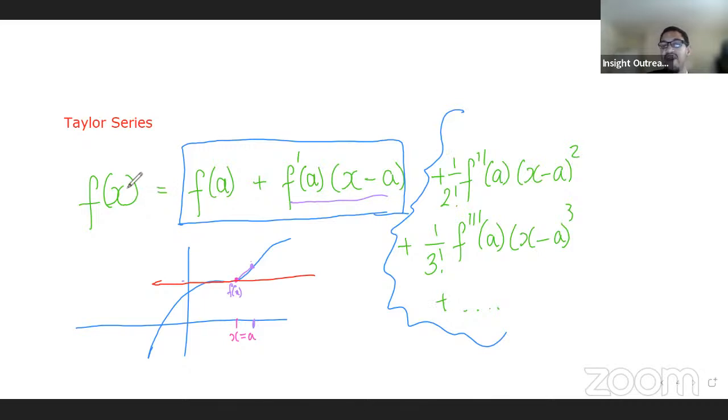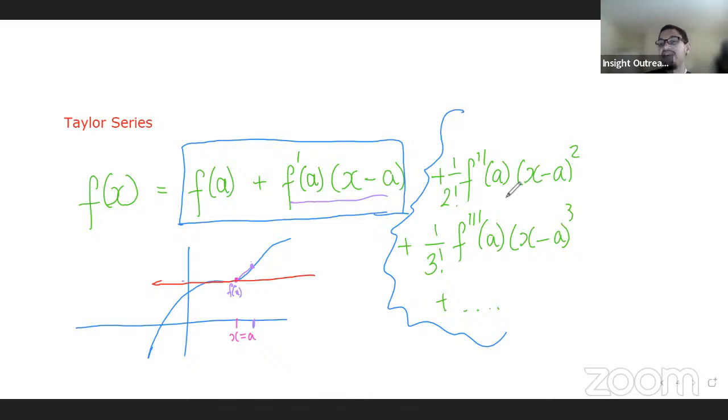So f of a is equal to f of a because all these go. And then when you differentiate it, the constant part f of a goes, and you get f dash of a on its own, plus a bunch of other things carrying on.